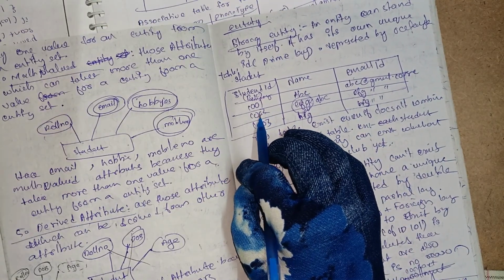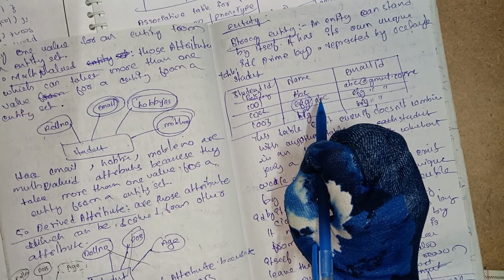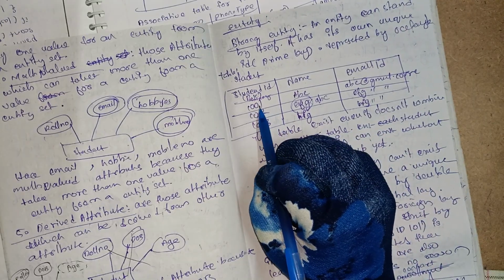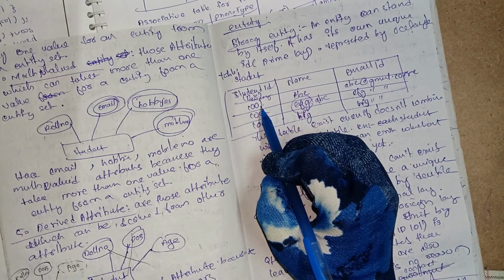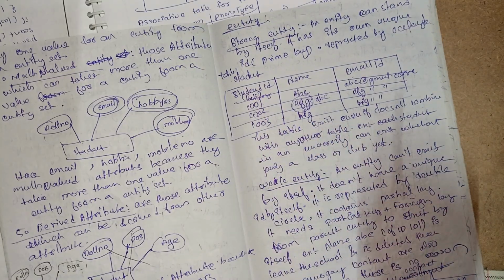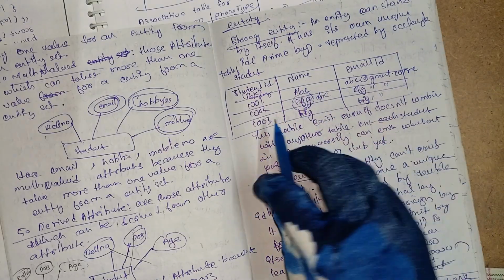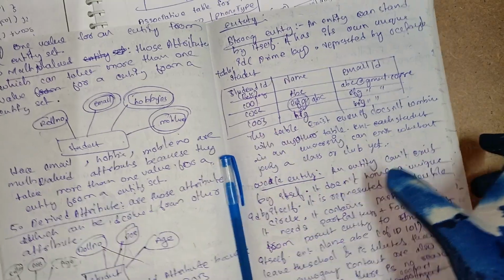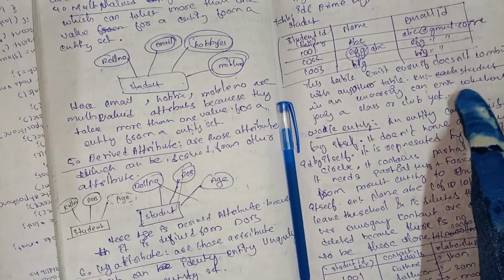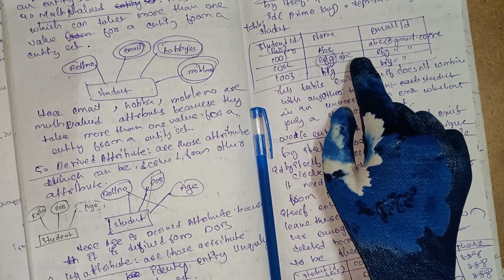If we want to delete a particular row from these two rows, we can use this 101 ID to delete it. Since it is a primary key, we can use a query like: where student ID is equal to 101, delete row. So we can delete it, and it is uniquely identifying these rows.